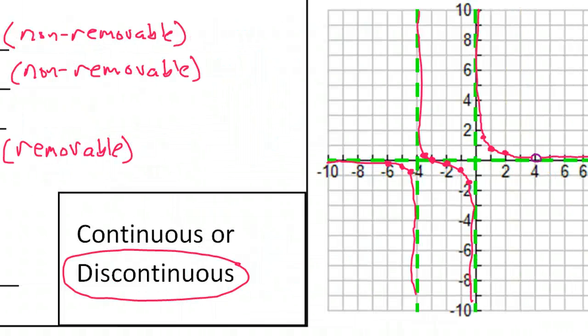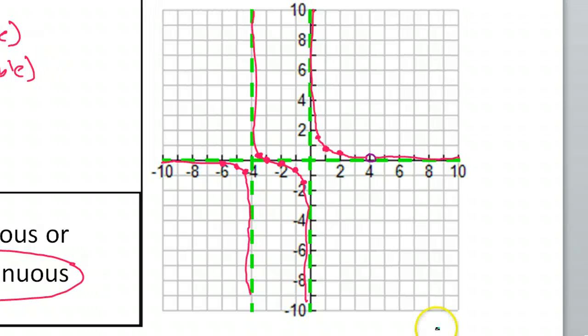And finally, let's go ahead and do the domain. Normally we would have our domain in 3 pieces on a graph like this. Okay, the left, the middle, and the right. However, this branch on the right, because of the hole, is actually separated into 2 parts. So really I'm going to have 4 parts to my domain. So the first part is from negative infinity to negative 4, because that's the asymptote.